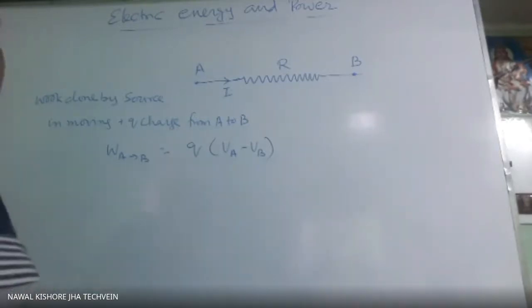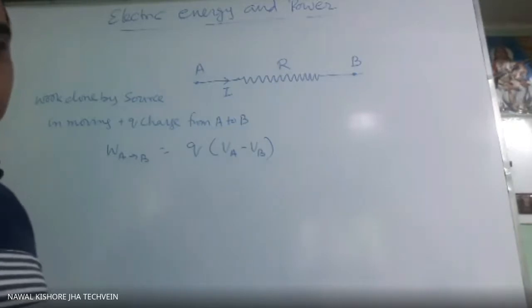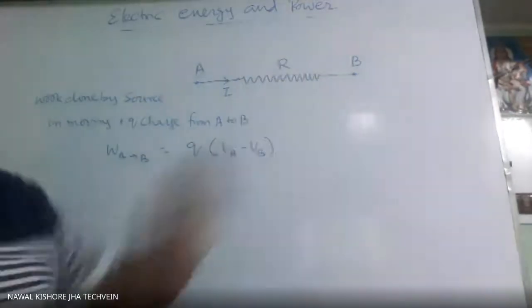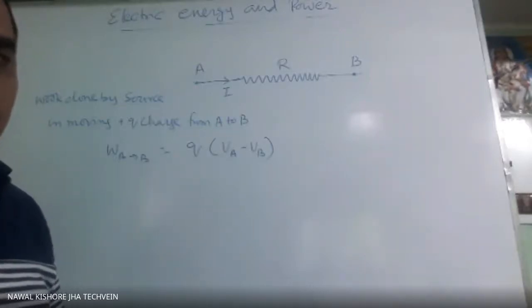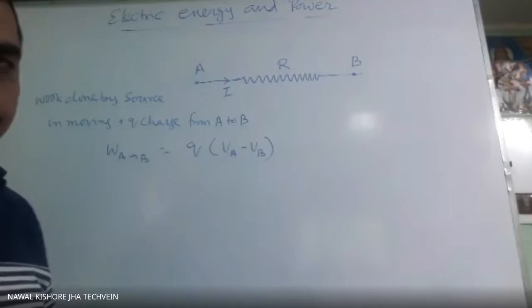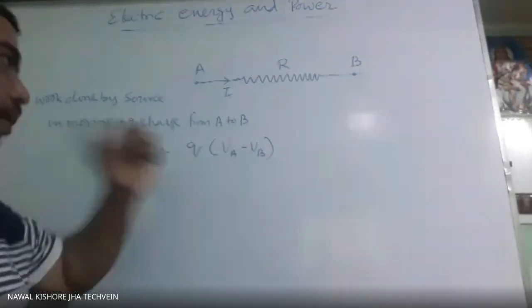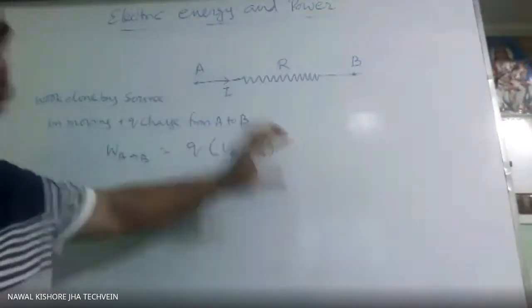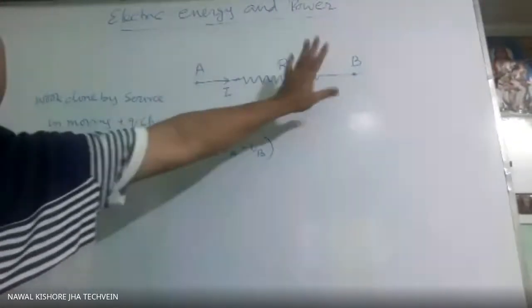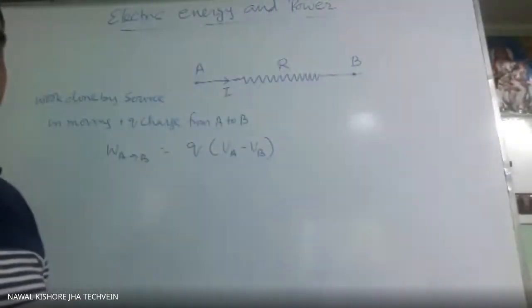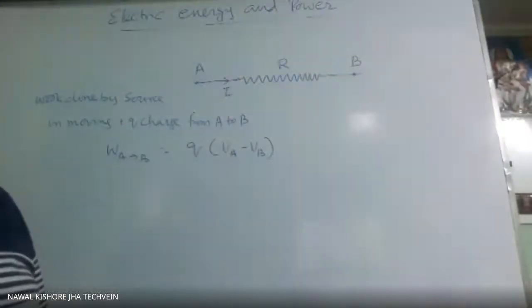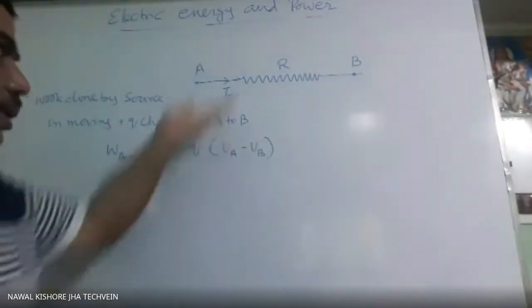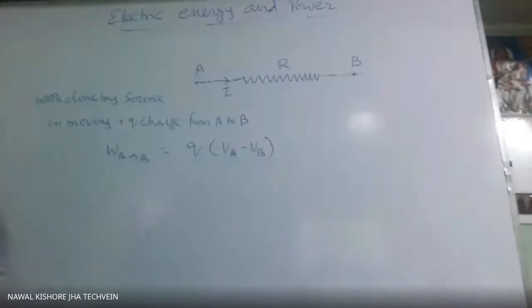Whatever energy of the ball is lost is the work done by the ball while in contact with the wall, in that part only. Similarly here, whatever work is done by the source, we call the energy dissipated here, the energy dissipated by the source or energy gained by this appliance. This much energy is gained by this appliance.